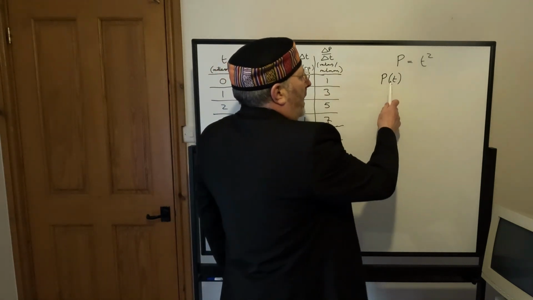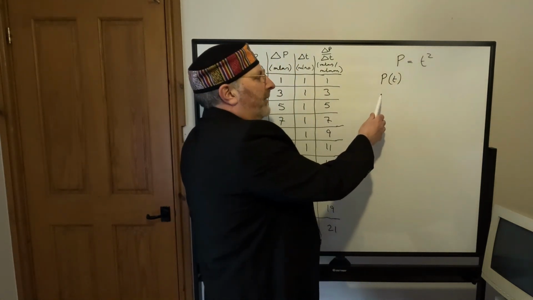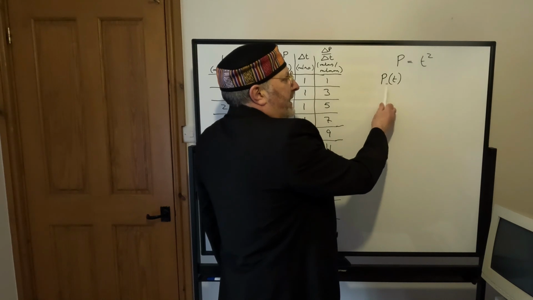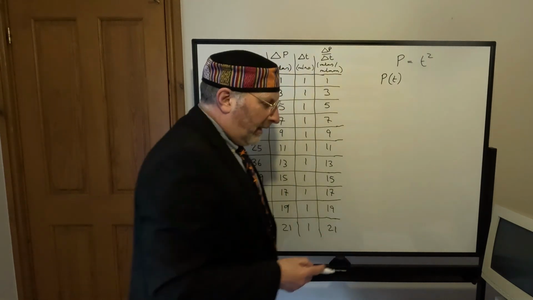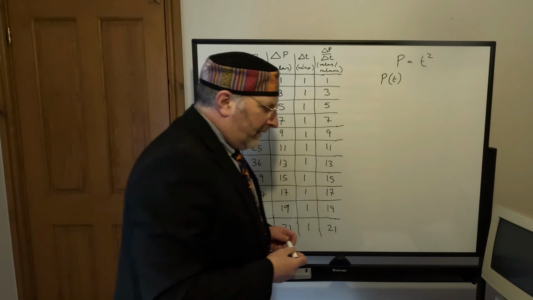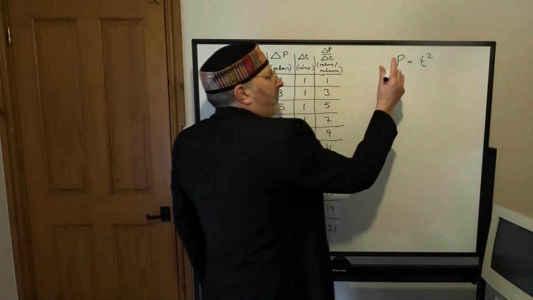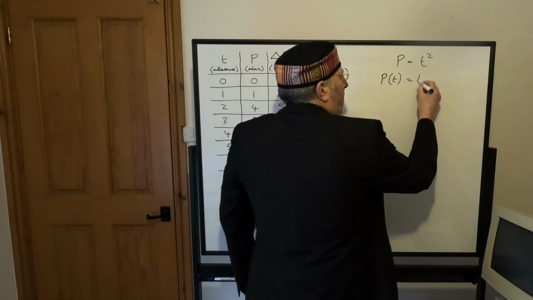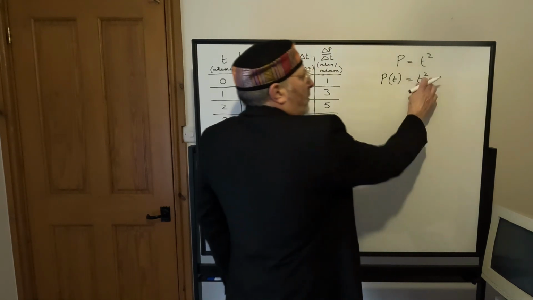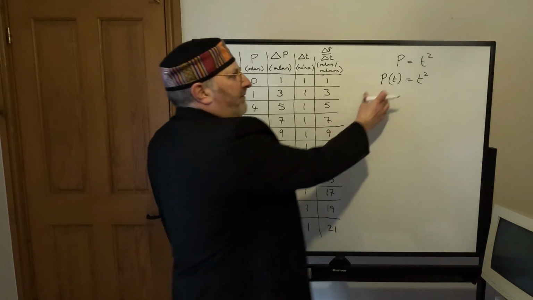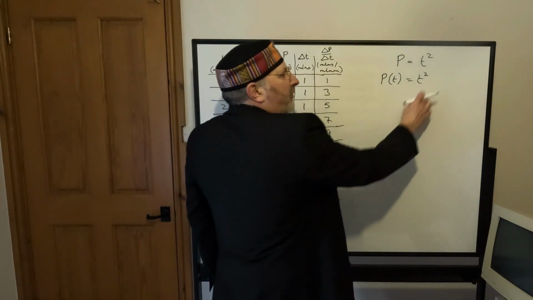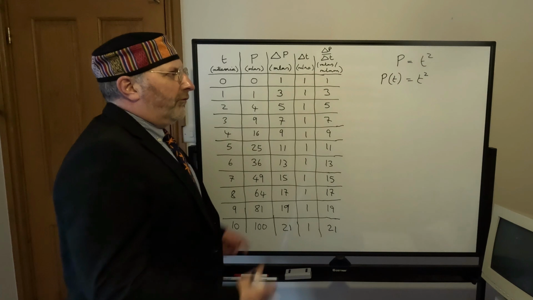P at time T, we might say. Or P at T, something like that. All those things mean the same. But what we're saying is that P depends on the time. So we've strictly got P of T equals T squared. P is a function of time, and this is the specific function we're talking about, the square.